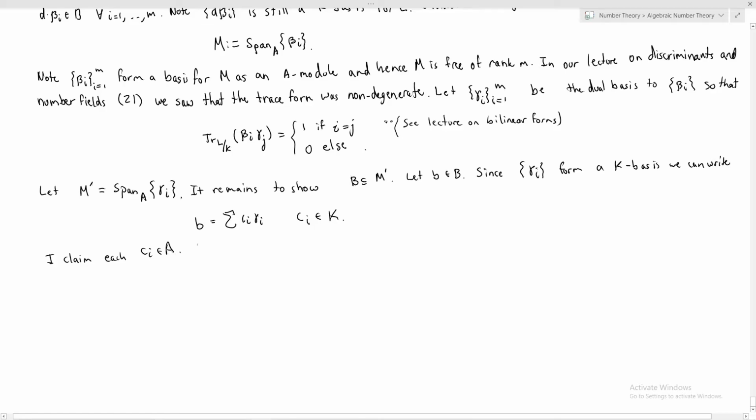So the idea is to use the trace form to pick off these c sub i's.